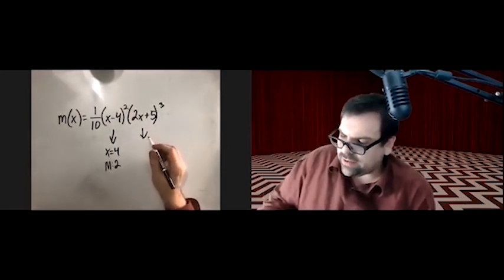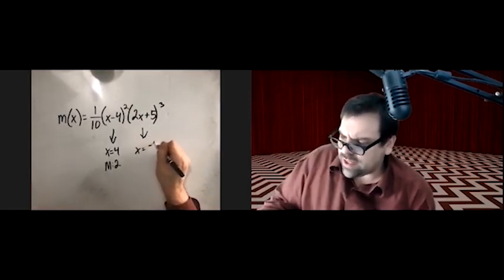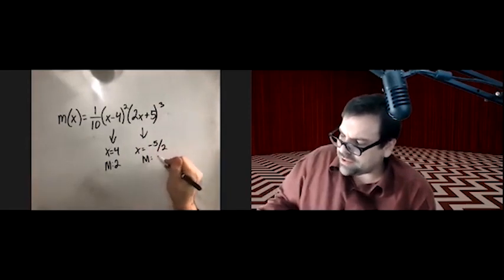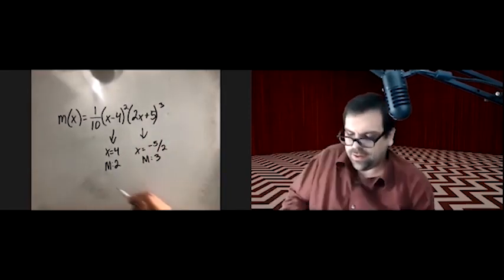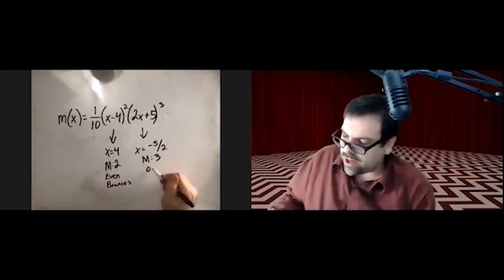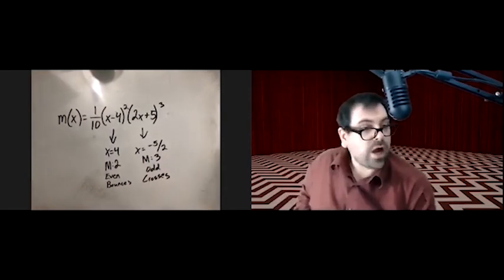And we'd get 2x plus 5 equals 0, so 2x equals negative 5, x equals negative 5 halves, and it has a multiplicity of 3. Even multiplicity bounces, odd multiplicity crosses.